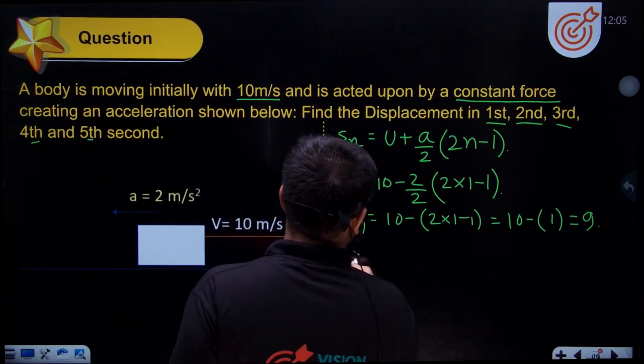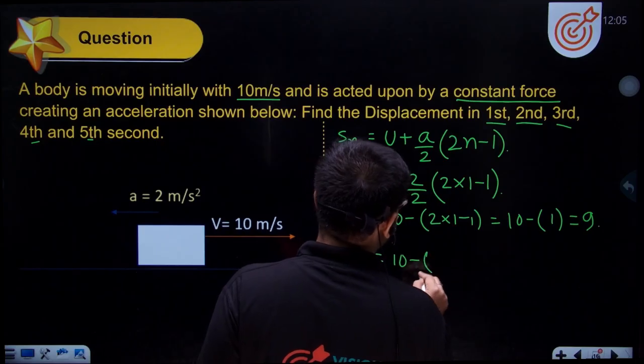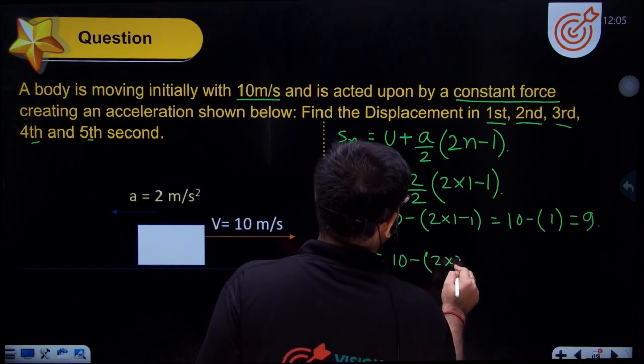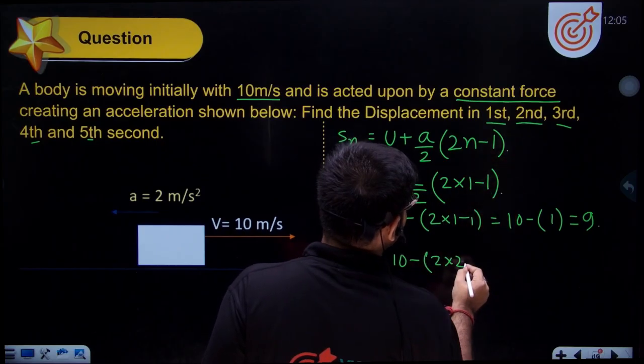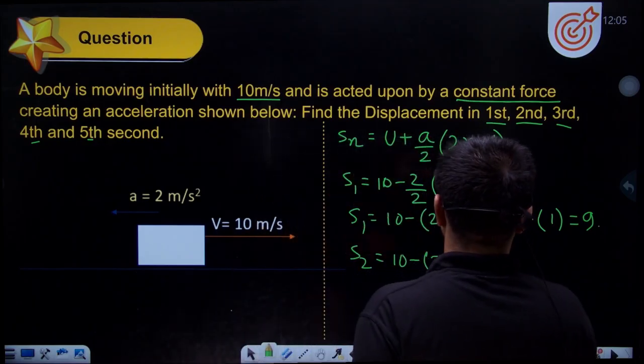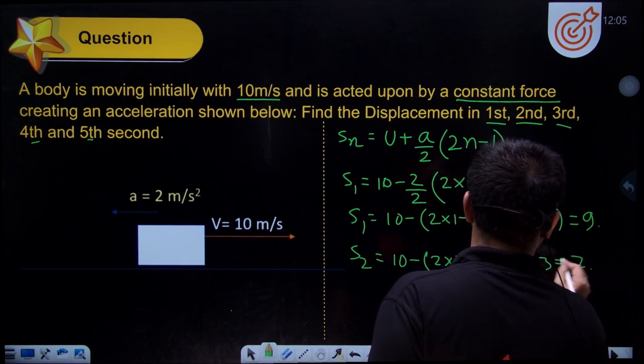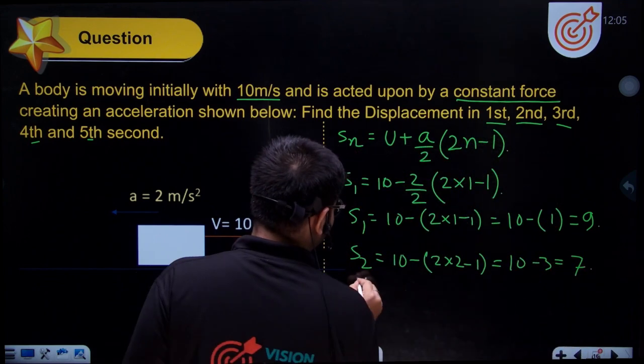Similarly, you can directly say S2 कितना होगा, 10 minus तो सेम ही होगा, 2 into 2 minus 1, so that means 7. S2 7 हो गया आपका.